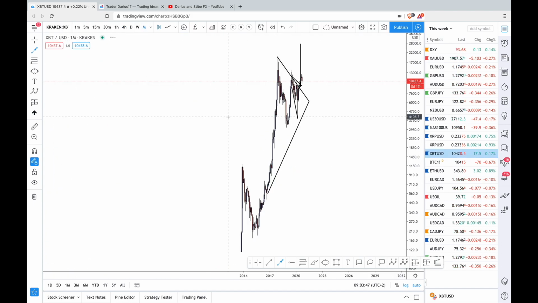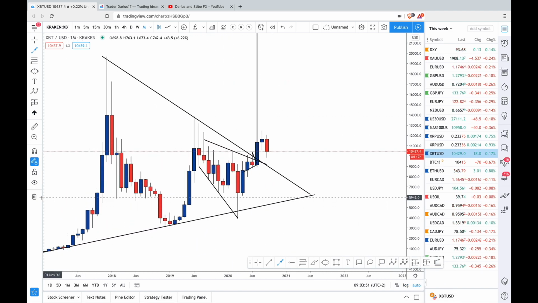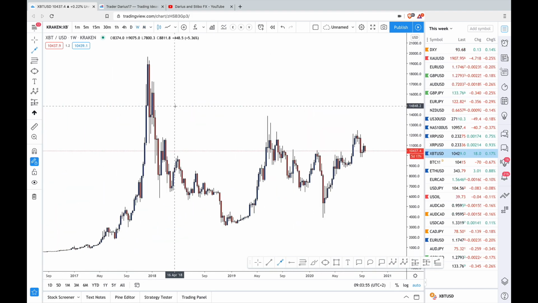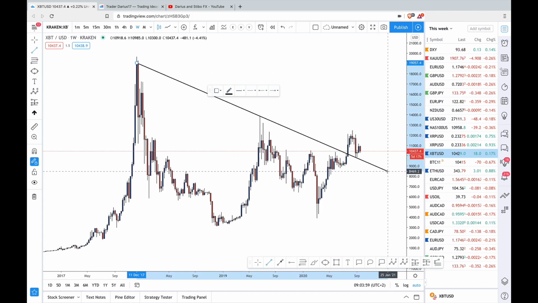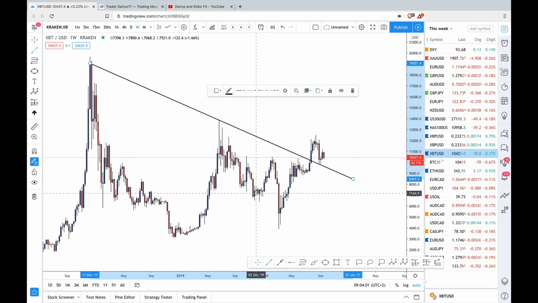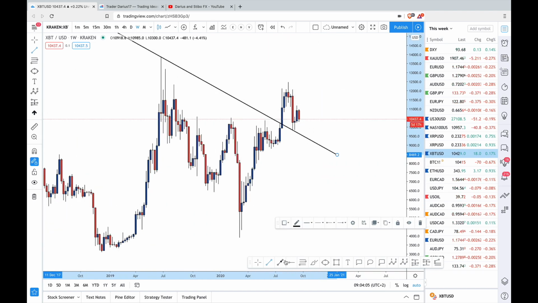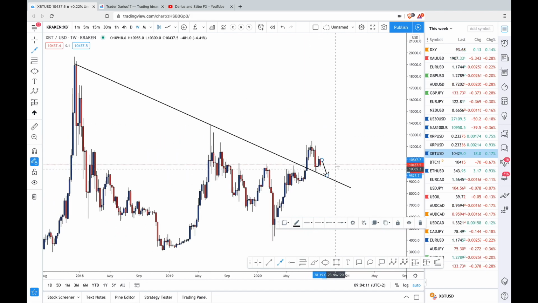The only thing is that on Bitcoin we are in this triangle, okay? We're in this triangle, and maybe we're going to tap one last time, okay, to grab more liquidity. So maybe we're going to see one more sell-off.